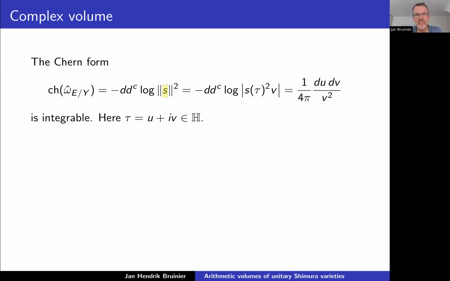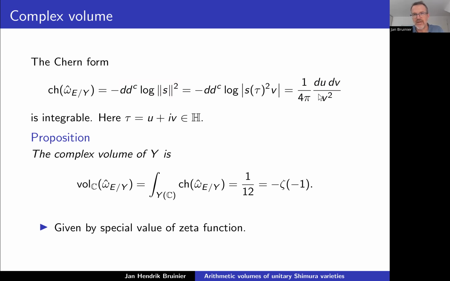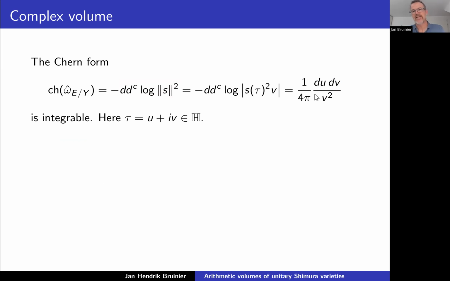And then we take the logarithm of it and then ddc, so basically del bar, the differential with the right normalization. And if we compute that, this is a very easy exercise. We get basically the invariant volume form on the complex upper half plane up to a factor of 1 over 4 pi.